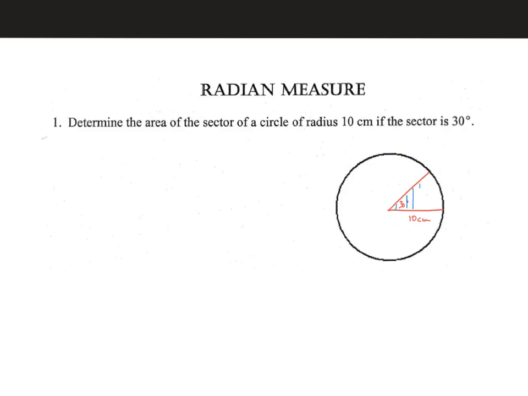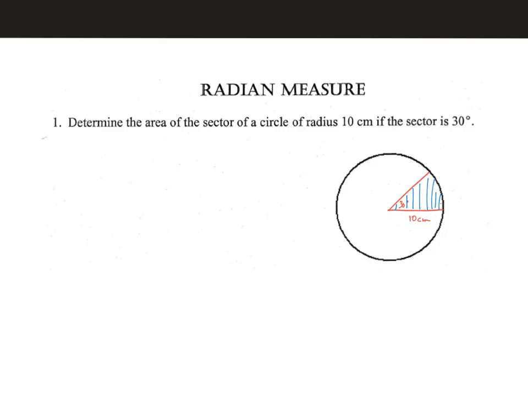If that sector was shaded in, how many centimeters squared would that sector take up? So that's what the question is asking. If you feel comfortable to give it a shot, then pause the video and jump in. Otherwise, we're going to walk through this one together.